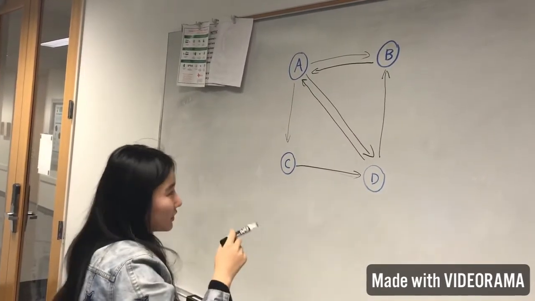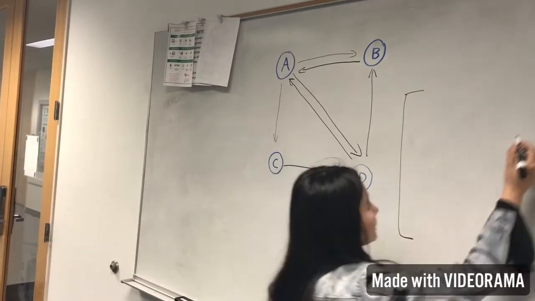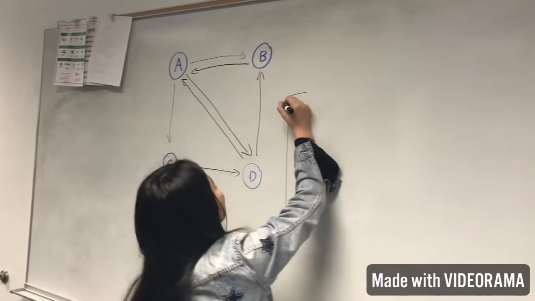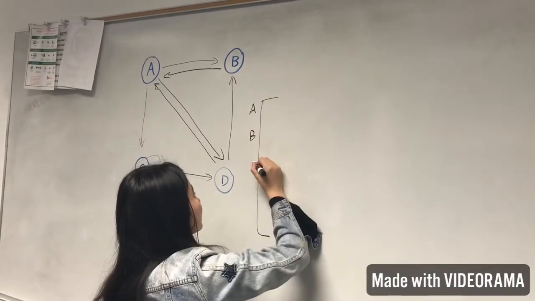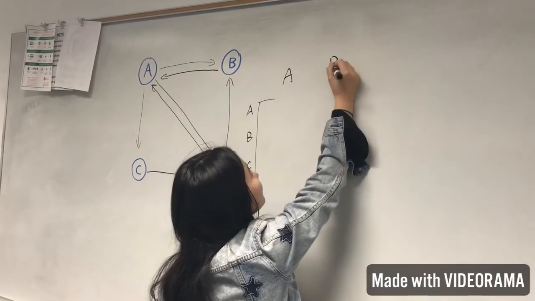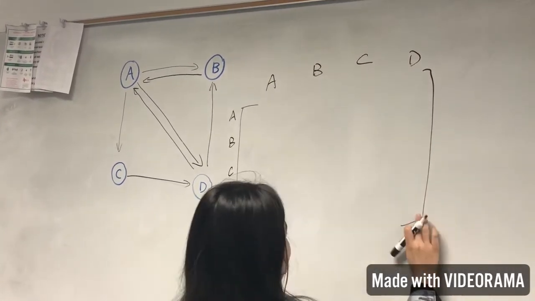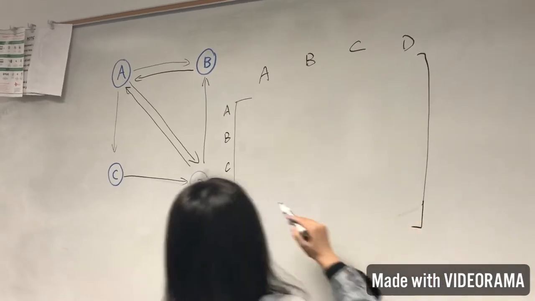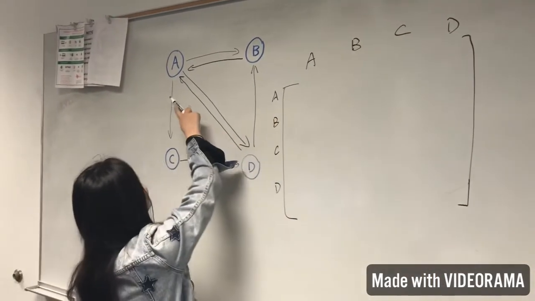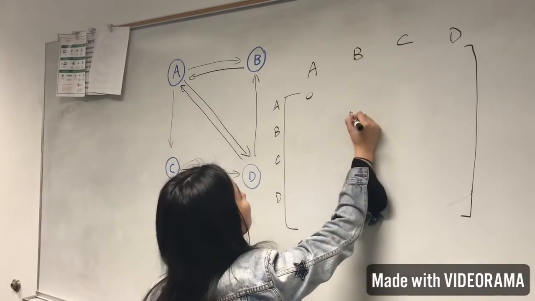Okay, so for this picture, we can make a probability matrix with A, B, C, and D. For A to A, it is 0, and B to B is 0.